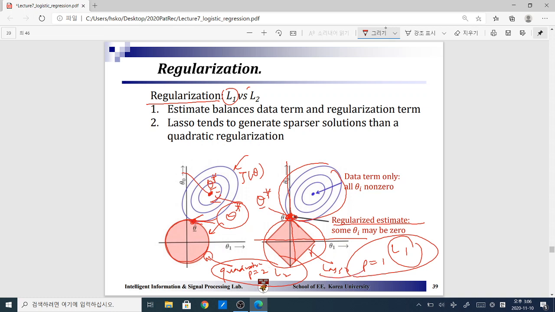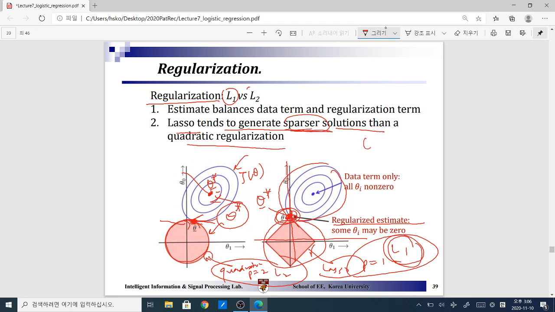So as you can see, the lasso, the one on the right-hand side, tends to generate a sparser solution than a quadratic regularization, because we only have one particular value which has to lie on the axis, whereas here it gives you 2 dimensions, whereas here you just have 1 dimension. So once again, the lasso or the L1 norm should give you a sparse solution.